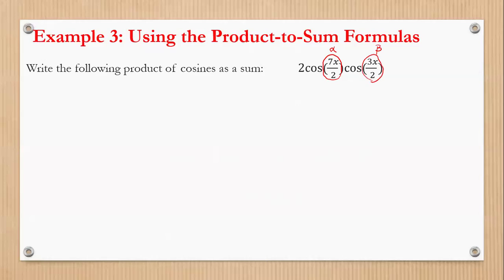So I'm going to write the formula first. I know that the formula for the cosine of alpha times the cosine of beta is 1/2 times cosine of alpha minus beta plus cosine of alpha plus beta.